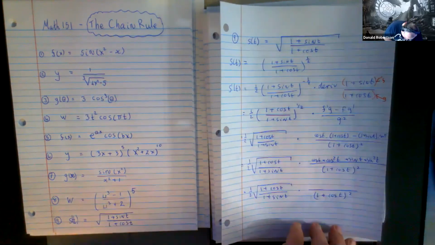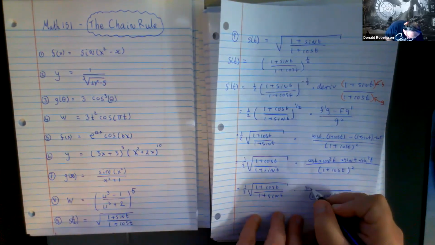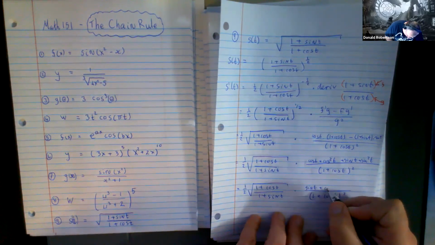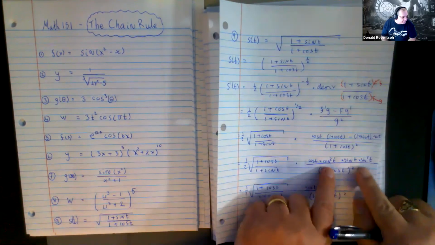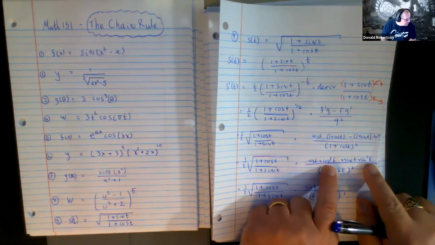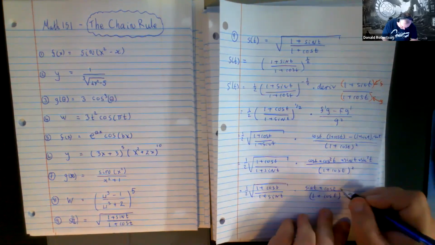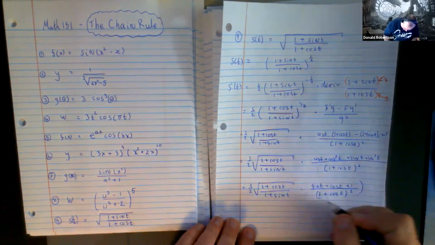Oh, something happened. It's not a lot, but something happened. Do you see that cos squared plus sine squared? See him? That just gets me a +1. And stick a bracket around it.